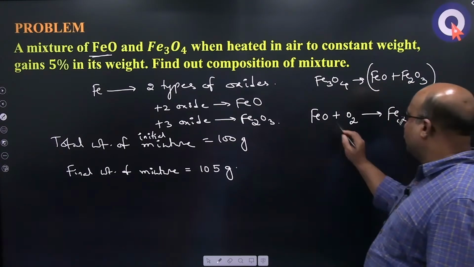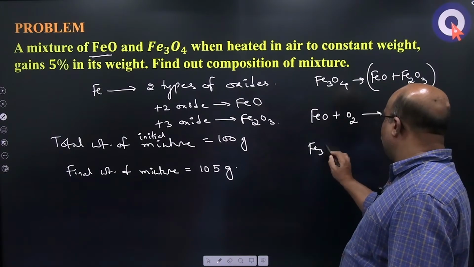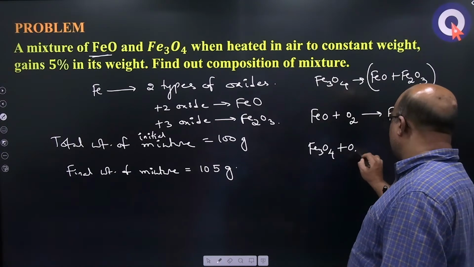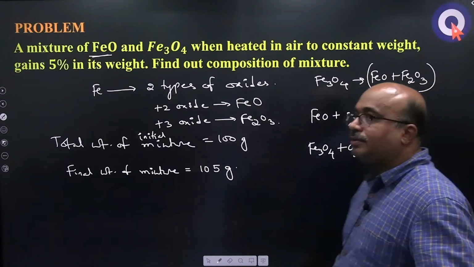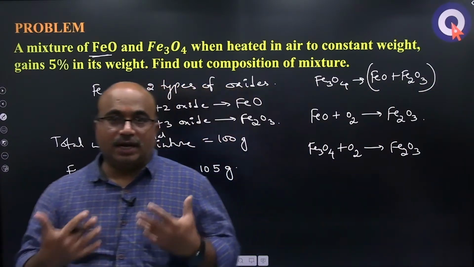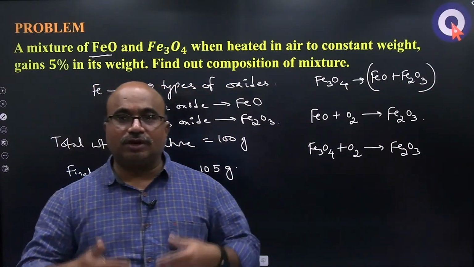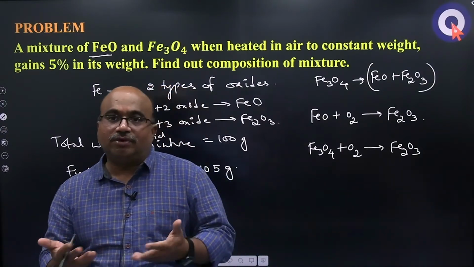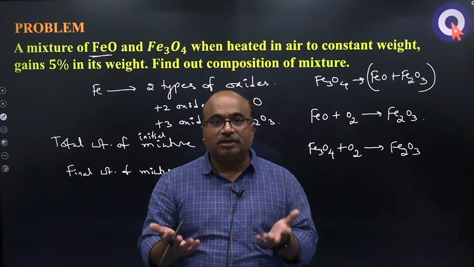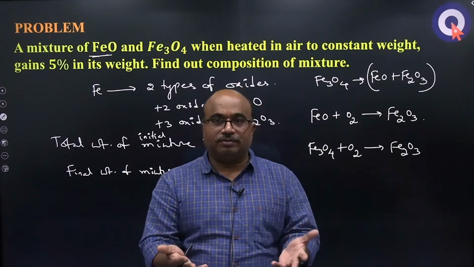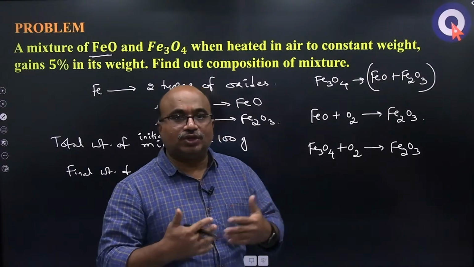Clear? Similarly, Fe3O4 also reacts with oxygen and converts into Fe2O3. Fe3O4 may be taken as a mixture of FeO and Fe2O3, but I don't know in what ratio they exist.